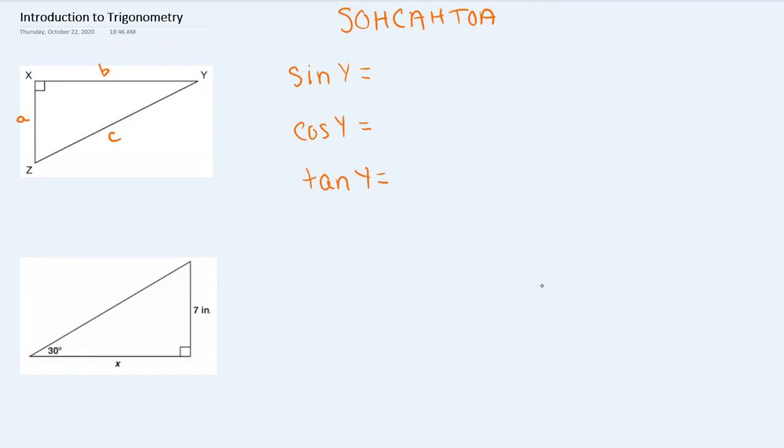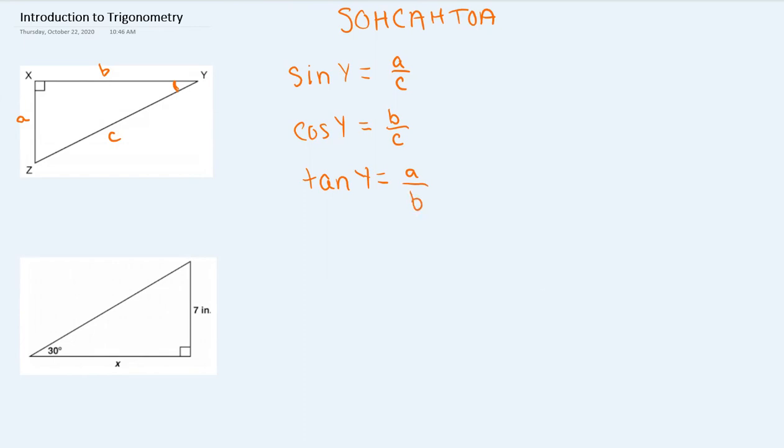So if we look at angle Y, opposite of Y is A, divided by the hypotenuse, in this case C. Cosine is adjacent over hypotenuse. So adjacent to Y would be B, divided by the hypotenuse, which is C. And then tangent is opposite over adjacent. So opposite of that angle is A, divided by adjacent, which is B.